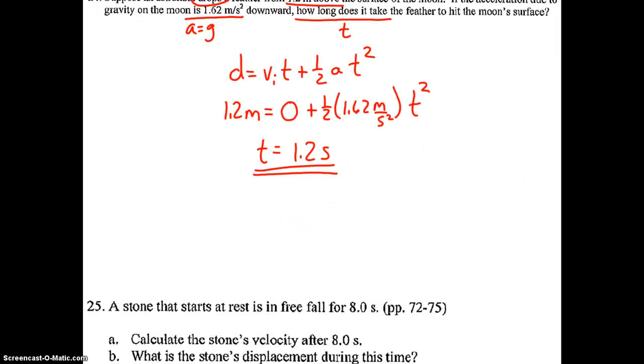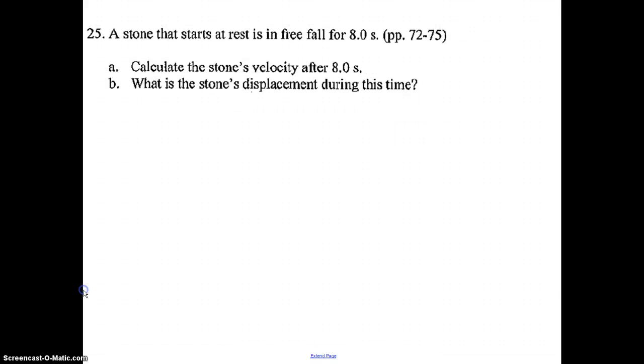Okay, moving on to 25. We have a stone that starts at rest, so that means its initial velocity is 0. In free fall, that indicates to us the acceleration is acceleration due to gravity, which is 9.81 meters per second squared for 8 seconds, and that, of course, is time.